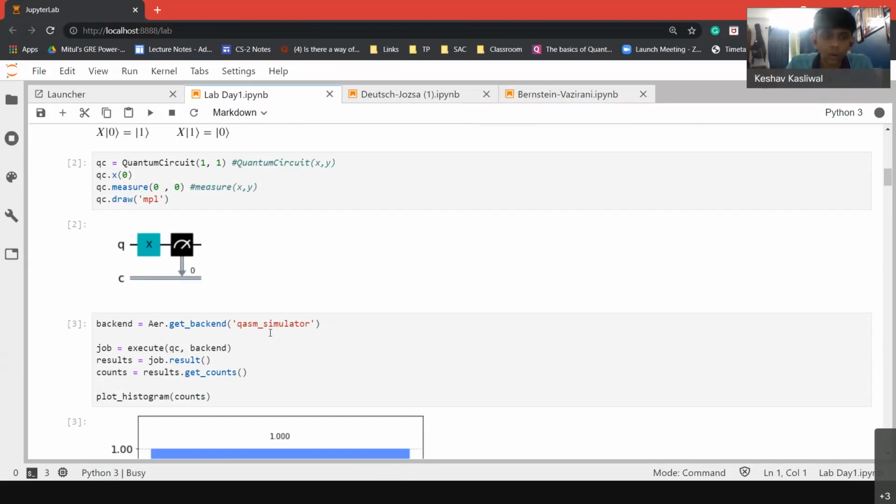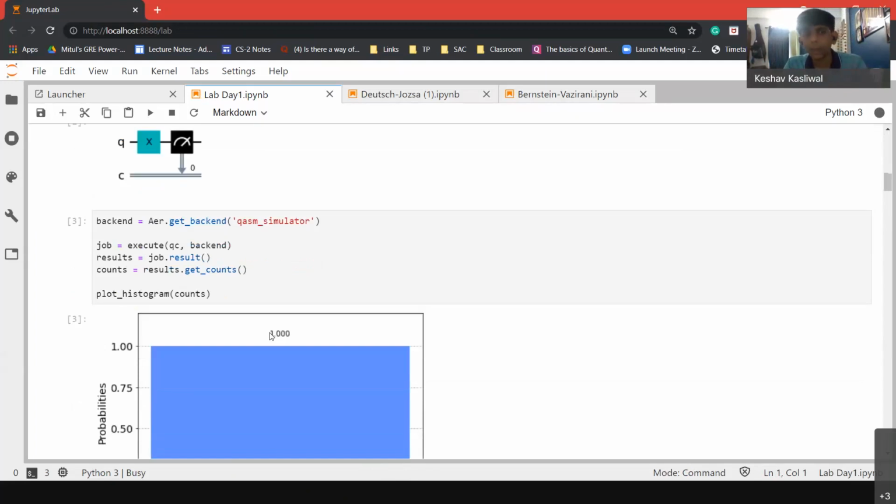Now, coming to the backend. As I said, we need something to run it upon. We'll choose a simulator, the QASM simulator, and store it in the variable backend. We want a backend in order to run this circuit, because we execute it and then get the results.